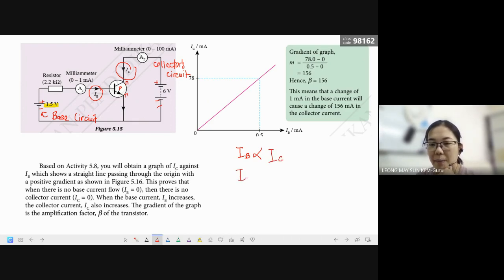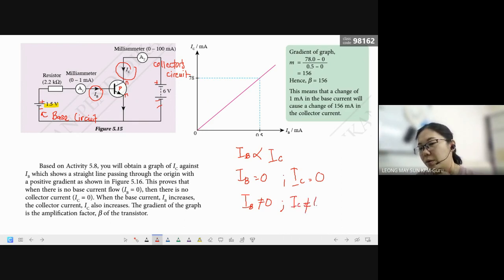Because if the base current is 0, the collector's current is also 0. If the base current is not equal to 0 and has a sufficient value, the collector current will also be not equal to 0, so current is flowing. So the graph of collector's current versus base current should be directly proportional.